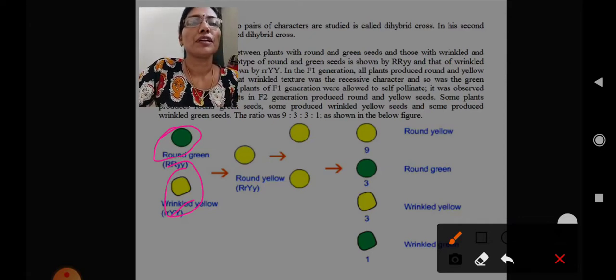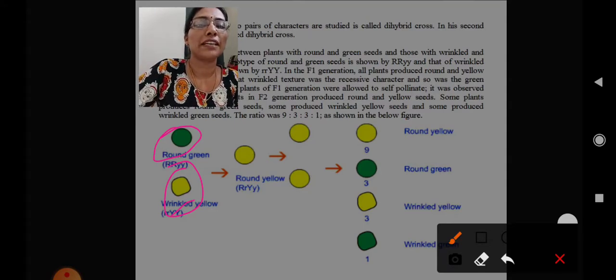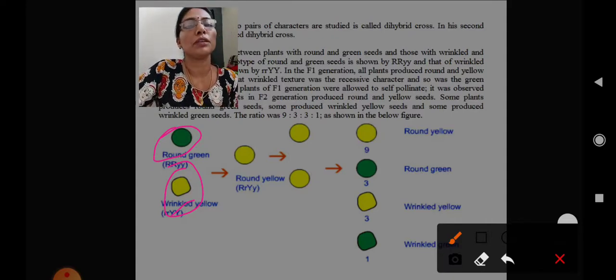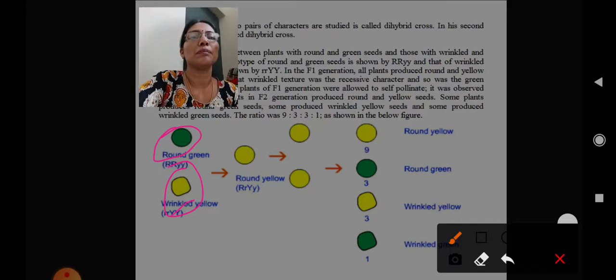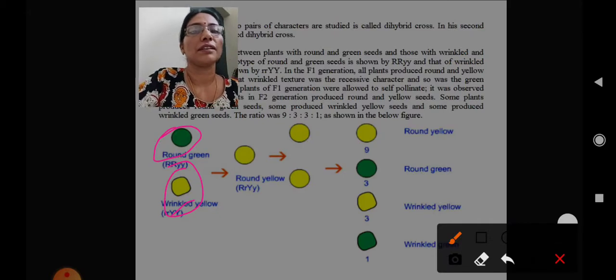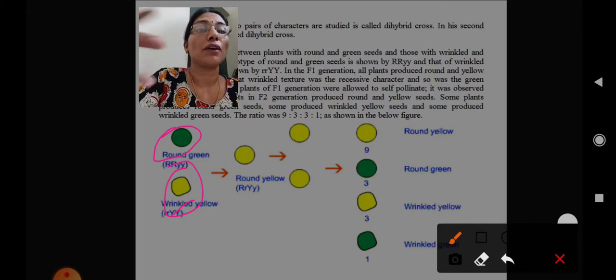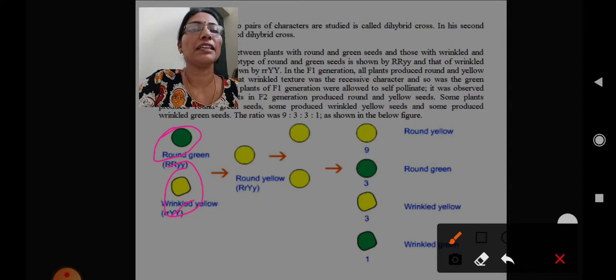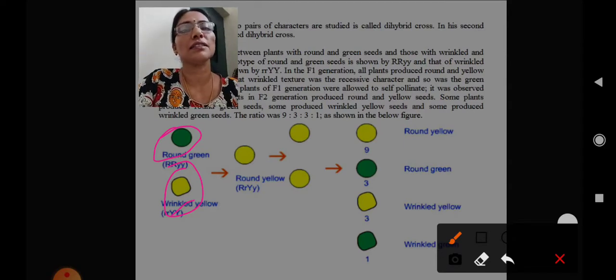Now in a cross between these round green and wrinkled yellow parents, in the first generation all the plants bear seeds that are round and yellow, because round texture and yellow color are dominant, while green color and wrinkled nature are recessive.